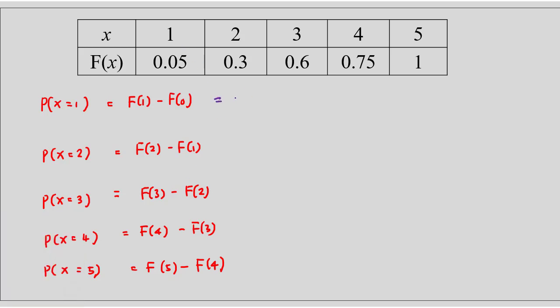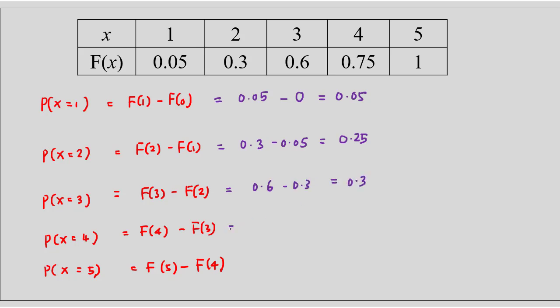From here, F(1) we know is 0.05. F(0) does not appear here, so it is otherwise. So the value is 0.05. Then this will be 0.3 minus 0.05, and you get 0.25.